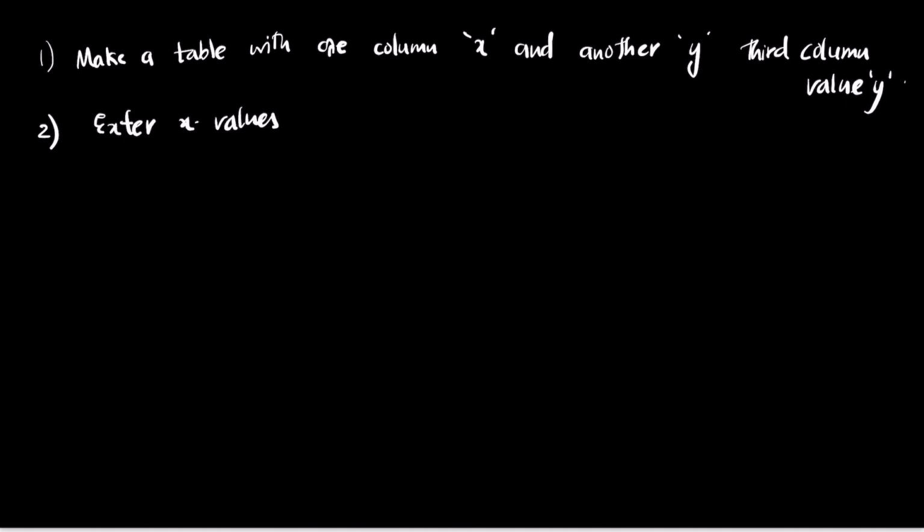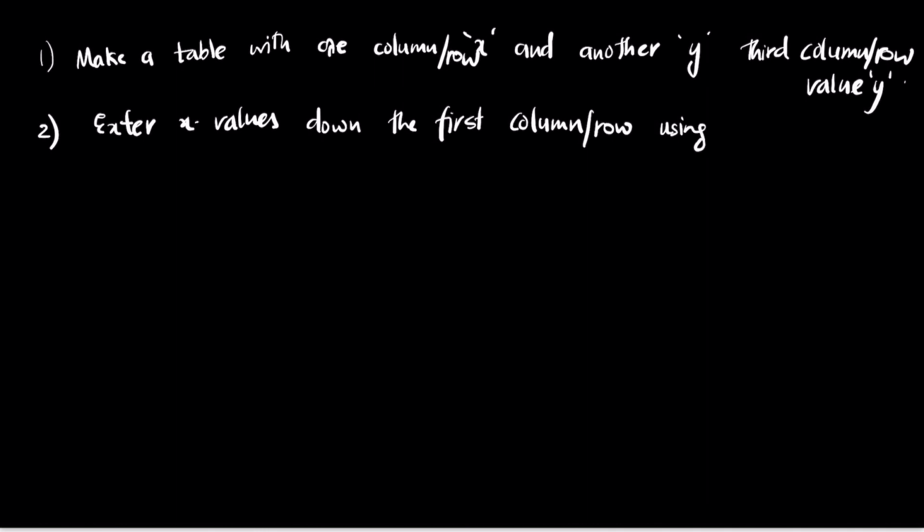the x values down the first column or row. You can have a row or a column, whichever you prefer. Use both positive and negative values.